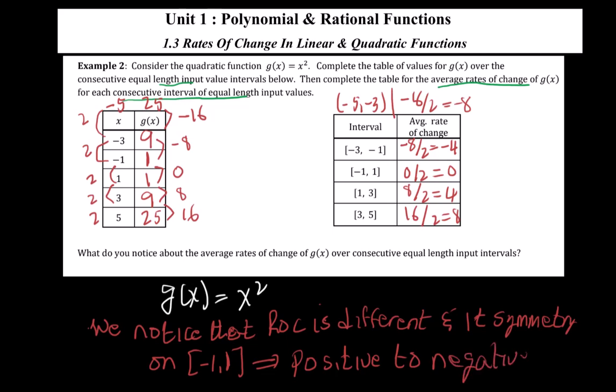That's all you needed to explain. But it says, what do you notice? It didn't say explain. It just says, we notice that the rate of change is different, and it's a symmetry on the interval -1 and 1. It changes from positive to negative.